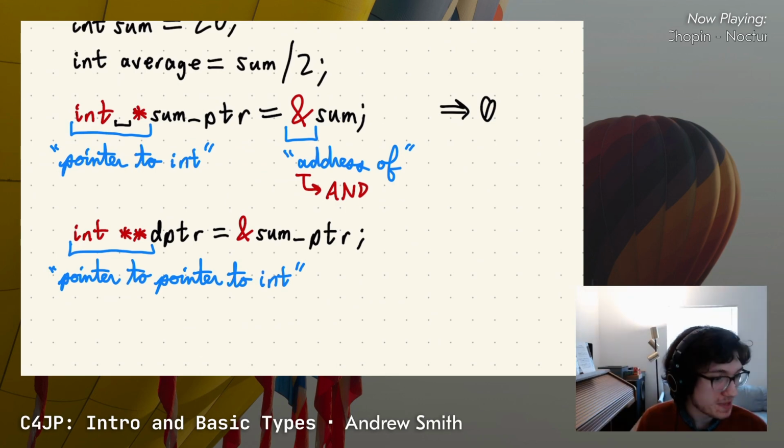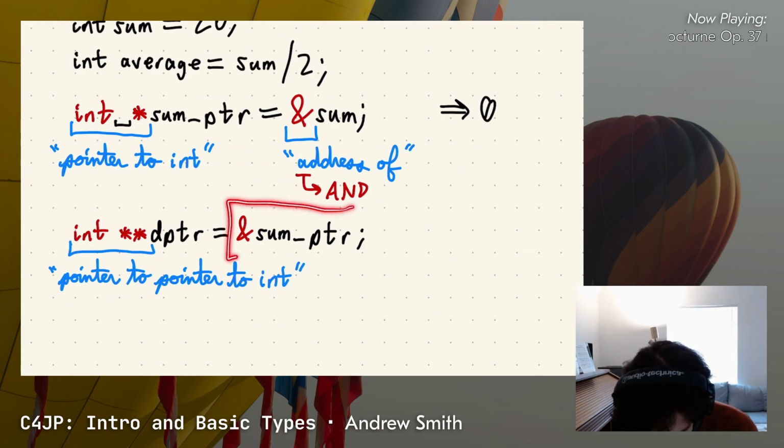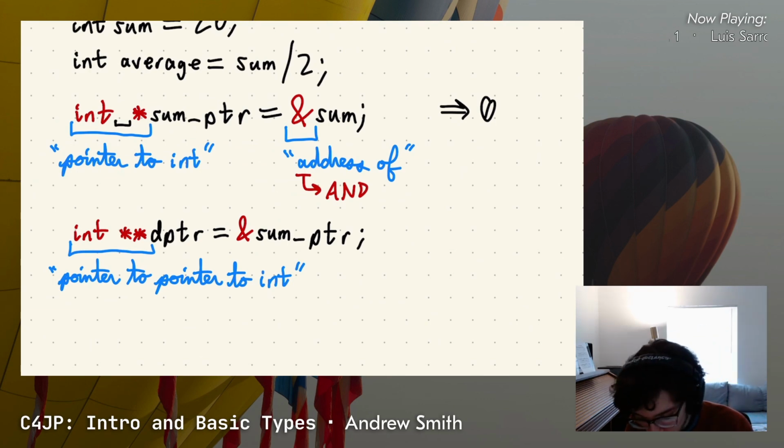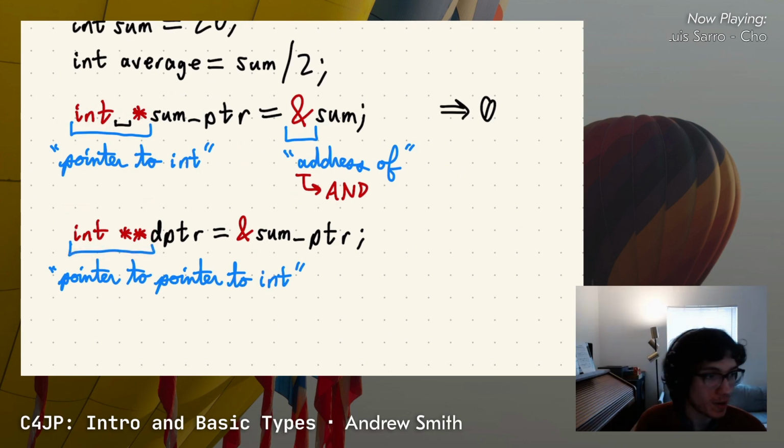Right, and again, this makes sense. The thing we took the address of is a pointer, and as a result, when we take the address of something, we get a pointer to that type. So when we take the address of a pointer to an int, we get a pointer to a pointer to an int.